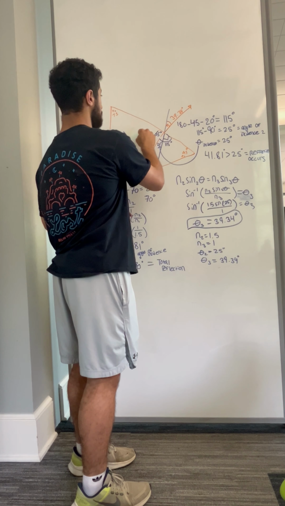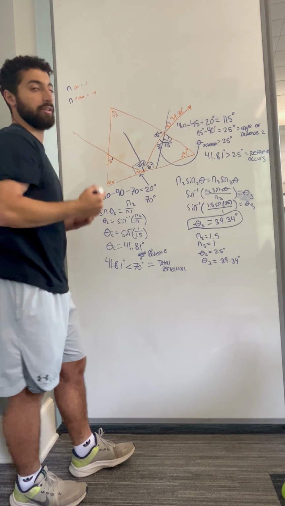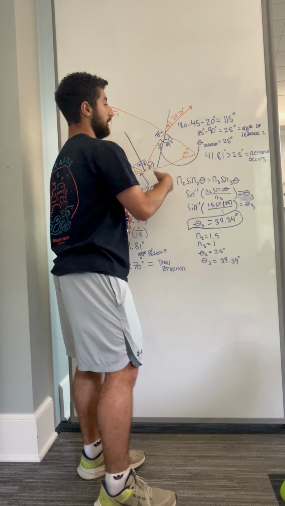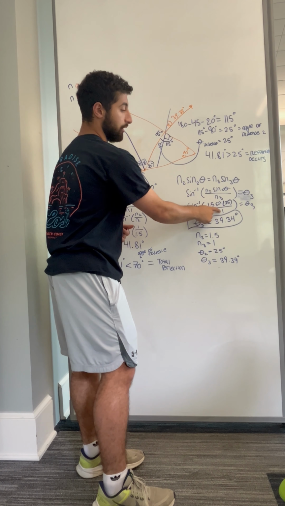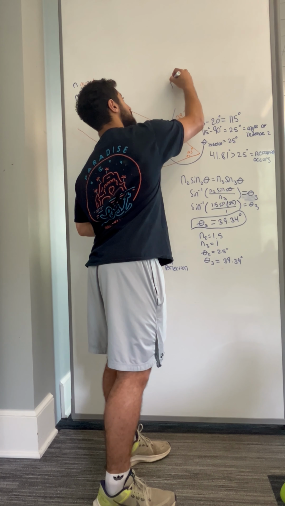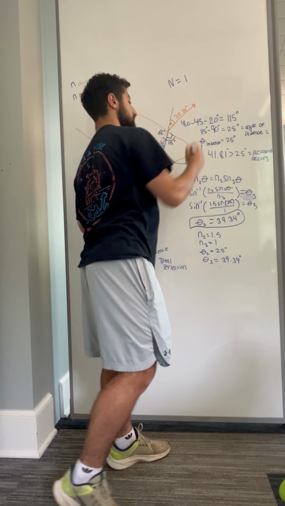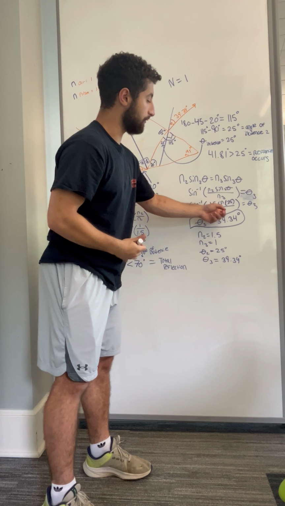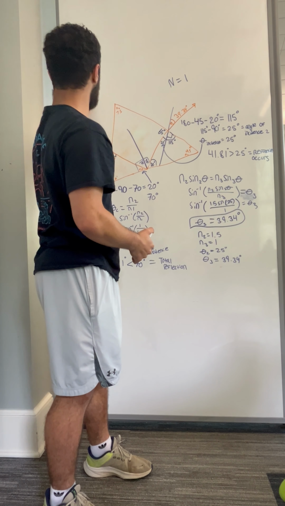We know our N2 in the prism is 1.5, and N3 is 1, because it's moving back to the air, and the air has an N of 1. That is why we got our value 1 here, and 1.5, like we said, we chose.